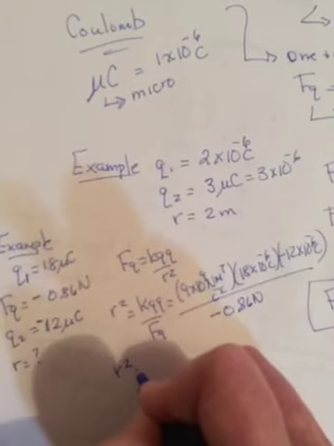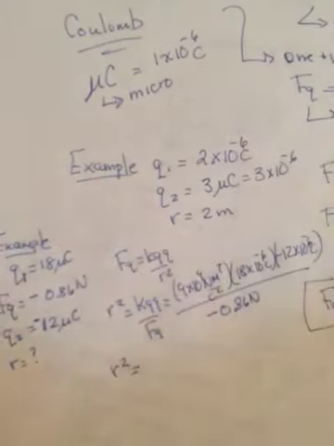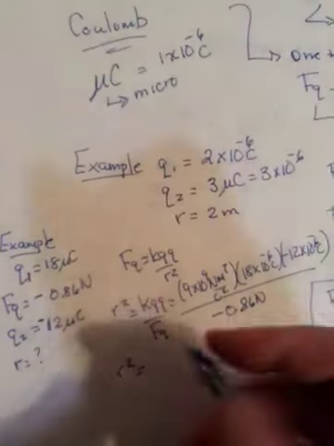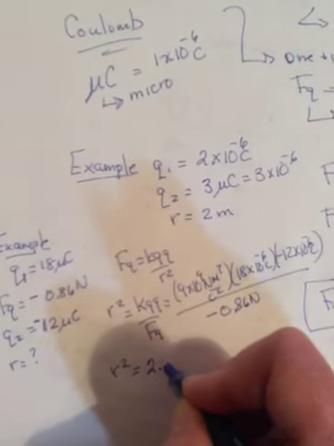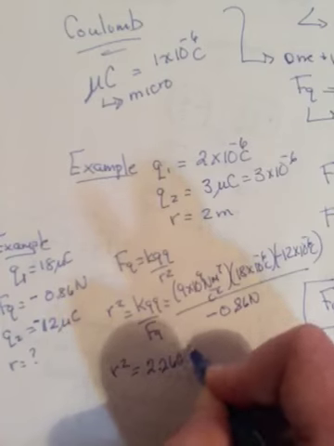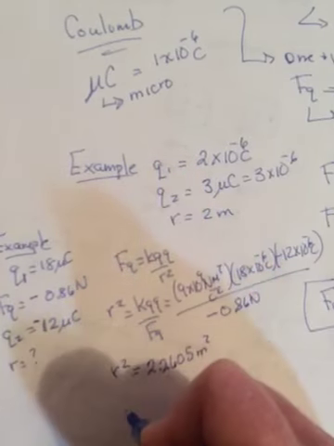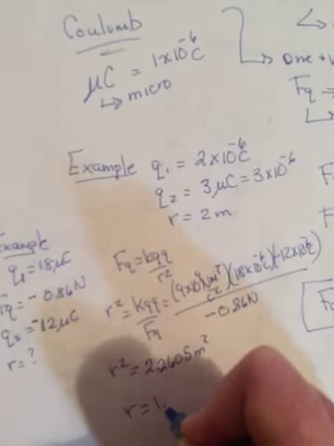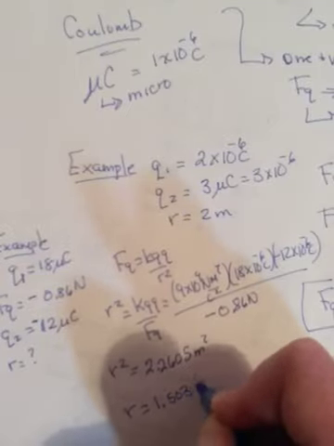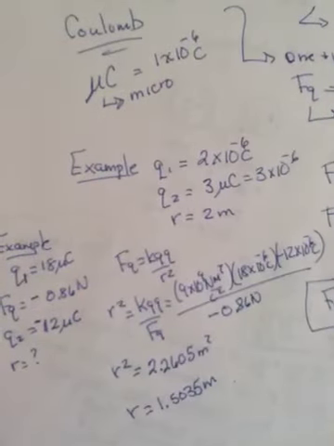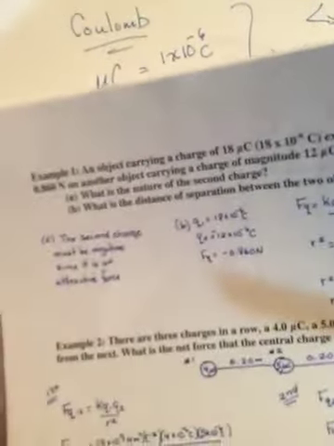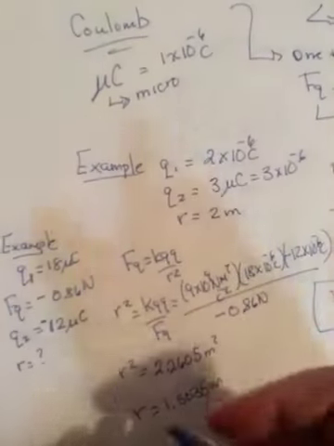And remember, the number you're going to get here is R squared. You should get 2.26. This one I didn't make up. 2.2605 meters squared. Take the square root, 1.5035 meters. So if you had downloaded this sheet, it's on the back of that one, okay, that question.